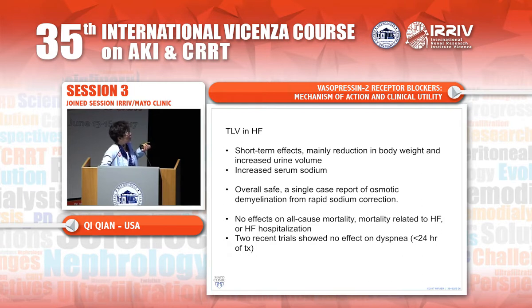There are no effects on overall morbidity or mortality related to congestive heart failure, nor any difference in hospitalization. And in the two recent trials we just talked about, there's not even an effect on dyspnea, despite the weight loss, the increasing serum sodium, and the increasing urine volume.